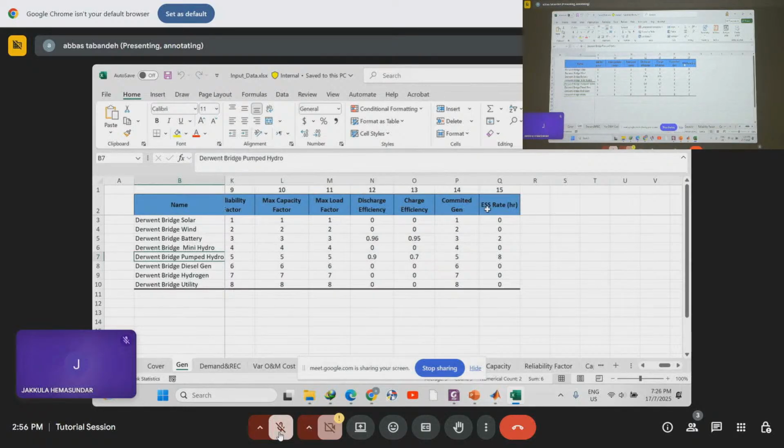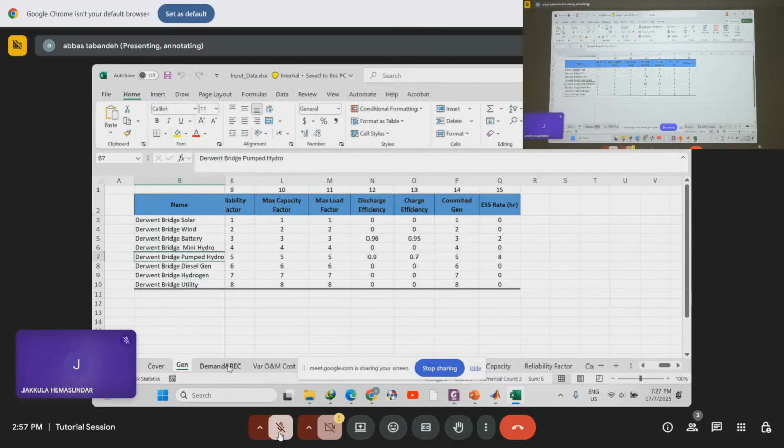And this is the energy storage system rate. For example, it shows how long it takes for the battery to be completely charged or discharged, as well as the pumped hydro. We have considered 2 hours for battery and 8 hours for pumped hydro.